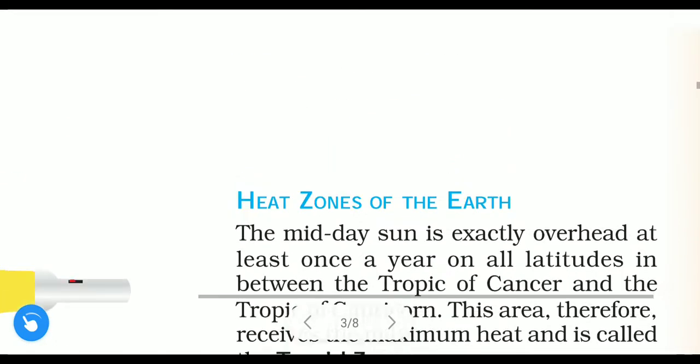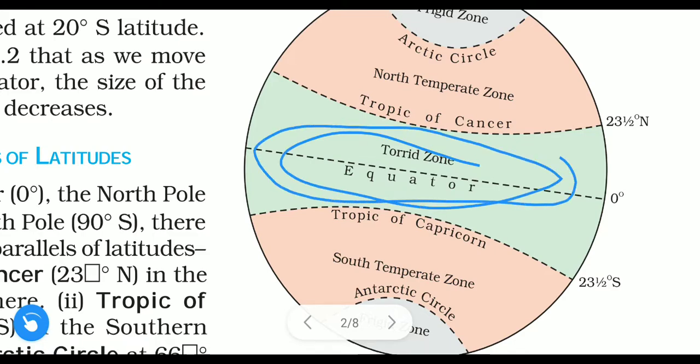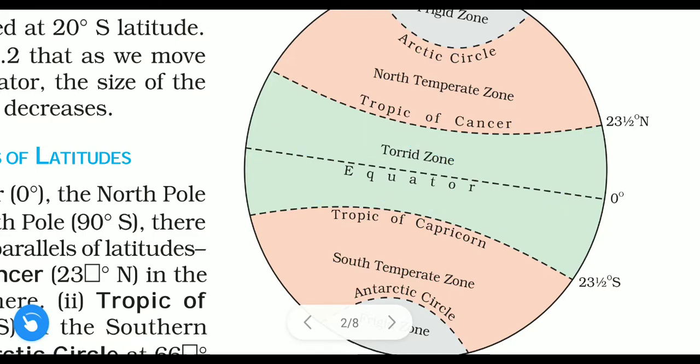Let us look at this diagram. This is the Tropic of Cancer and this is the Tropic of Capricorn, both situated at 23.5 degrees, one in the northern hemisphere and one in the southern hemisphere. All the latitudes between these two parallels form the torrid zone, where the midday sun is exactly overhead.